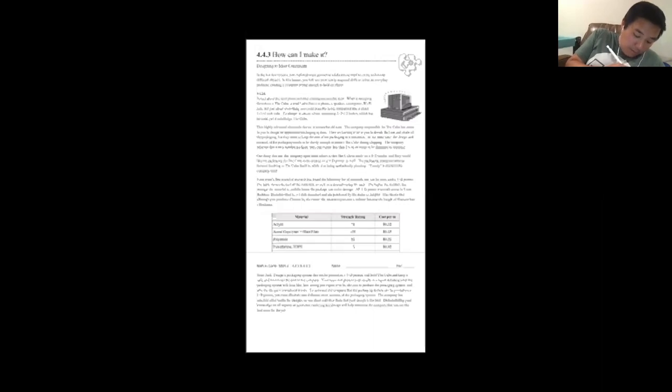I'm going to make a 13 by 12.5 by 12.5 square. And this one's like the base.